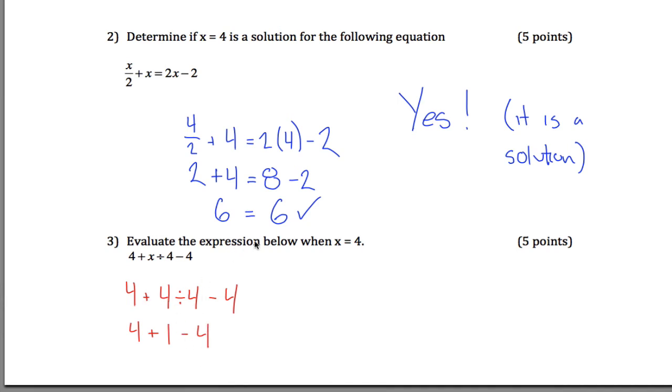So really our expression simplifies to this. 4 plus 1 is 5, minus 4 is just 1. Our final answer is just 1. When you evaluate this expression, you get 1. So that's the answer to this problem. And that's the end of this quiz.